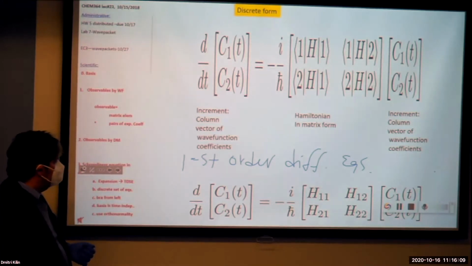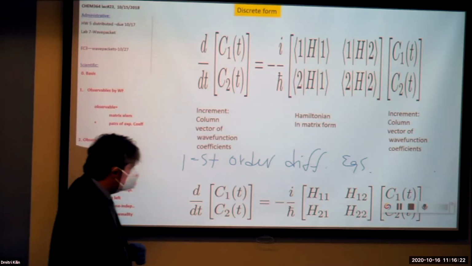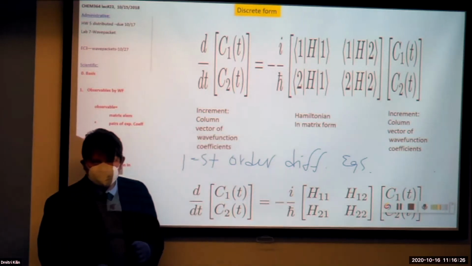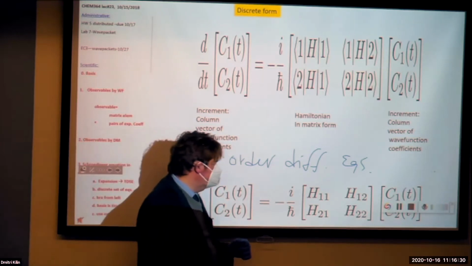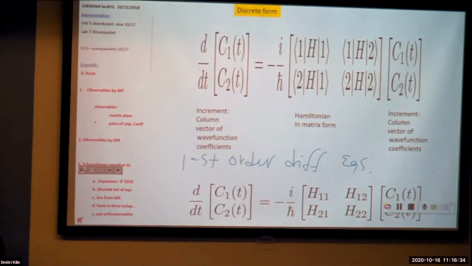So this is a matrix equation on one hand. On another hand, it looks very much like the time-dependent Schrödinger equation. Specifically, we do have an object that replaces the wave function here.